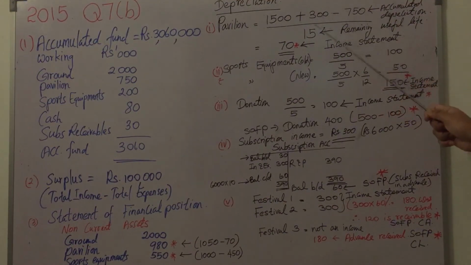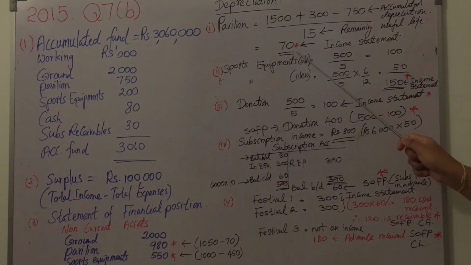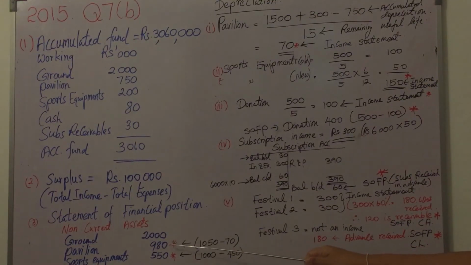From 1800, when you deduct 750, it becomes 1050. When we deduct another 70, depreciation for the year, it becomes 980. So the net book value of pavilion is 980.